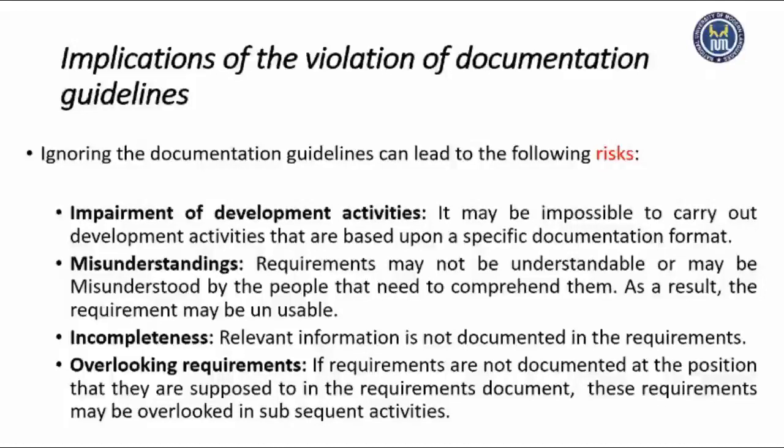As a result, the requirement may be unusable. Incompleteness: relevant information is not documented in the requirements. Overlooking requirements: if requirements are not documented at the position that they are supposed to be in the requirement document, these requirements may be overlooked in subsequent activities.